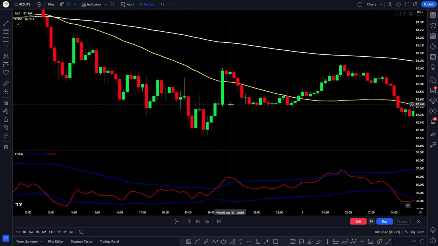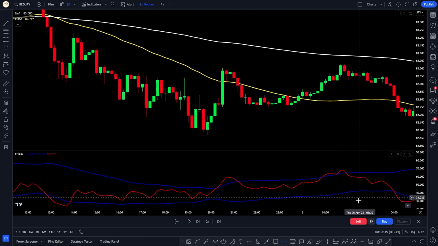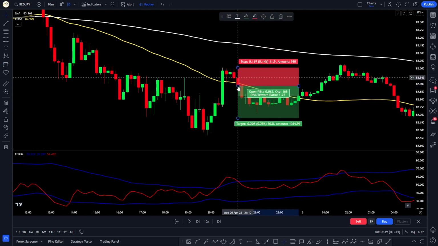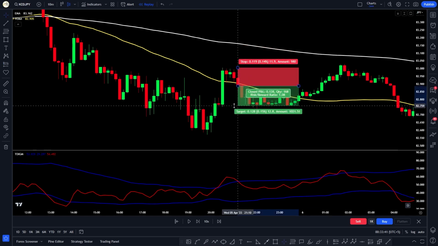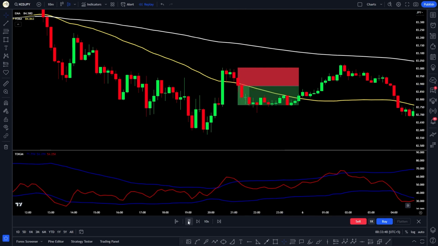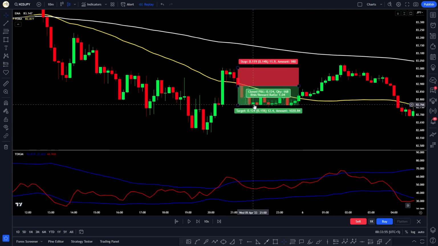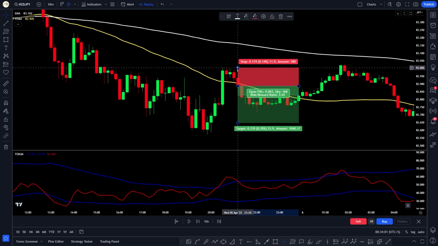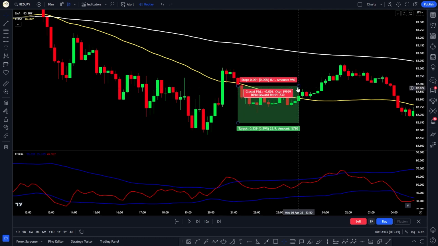Now once these conditions are met, we can go ahead and take our entry at the close of this candle here, and we'll be putting our stop loss here. For the first part of our trade we'll be targeting 1 to 1 risk reward ratio, which we can see easily gets met here. Once this happens, we'll set our take profit, and we'll increase our risk reward ratio to 2, and we'll also move our break even to this entry point, so that we will be saved from the stop loss.